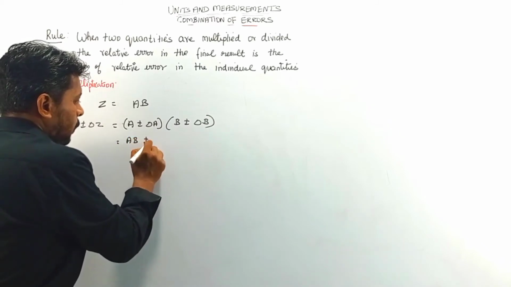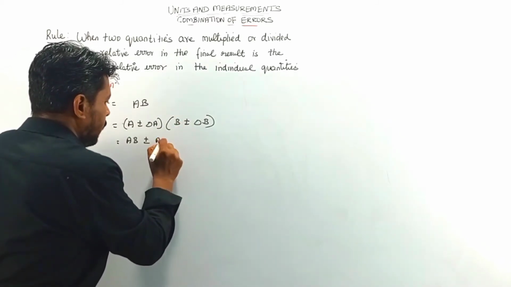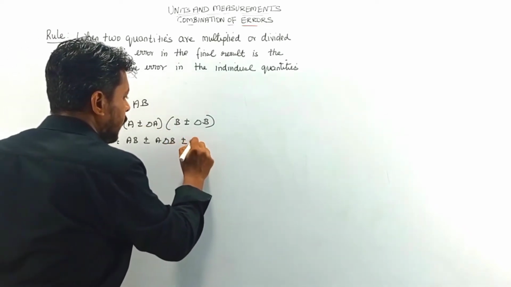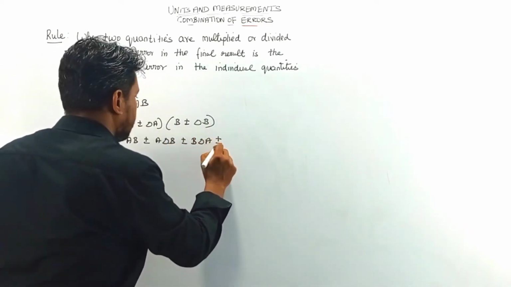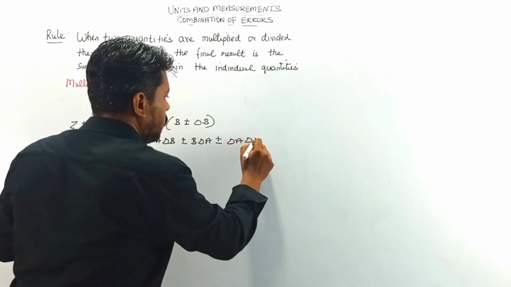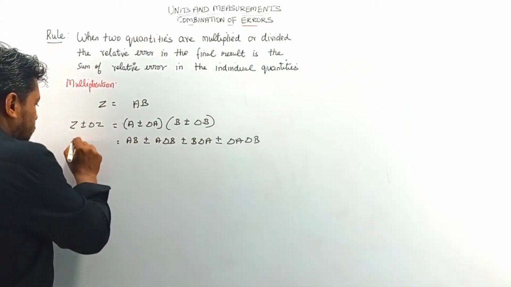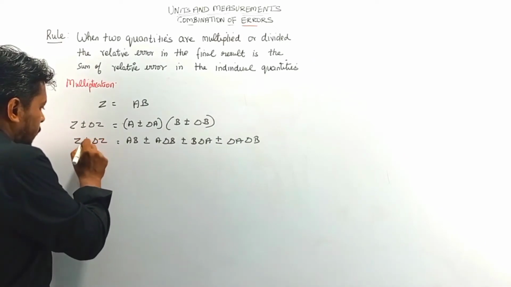AB plus or minus A into delta B plus or minus B into delta A plus or minus delta A into delta B. So this is Z plus or minus delta Z.